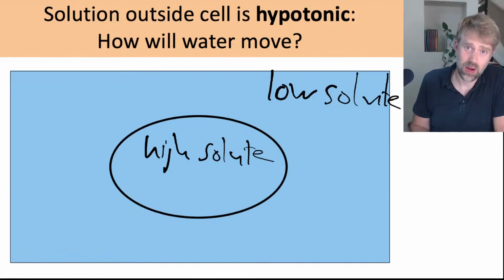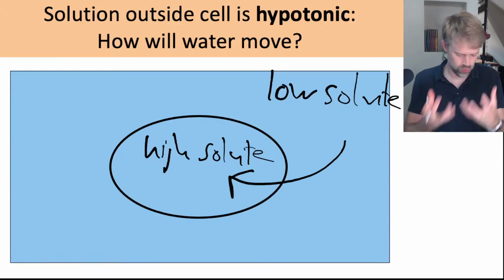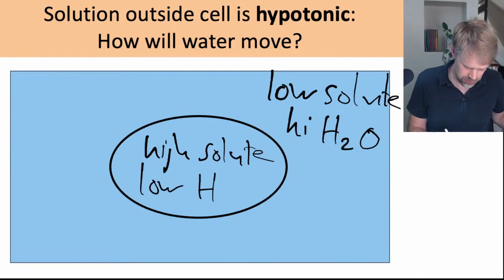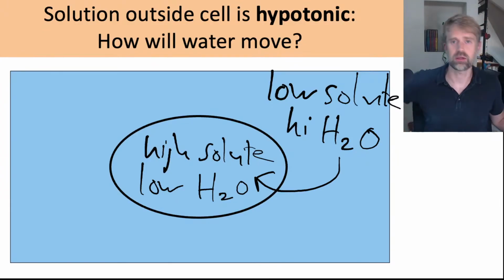Okay? How will water move? We can think that water is drawn towards high solute. So it goes like this. It's drawn towards high solute. Or we can say that there is a high water concentration outside and a low concentration inside, and water is drawn from high to low.